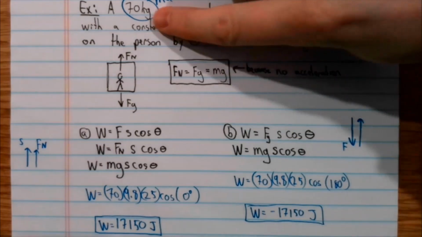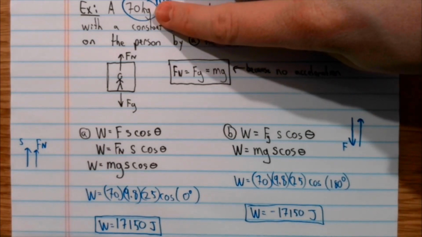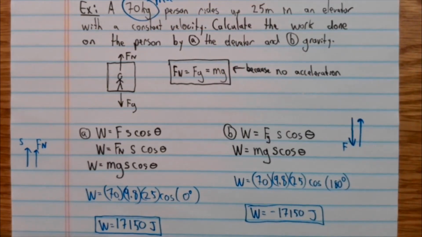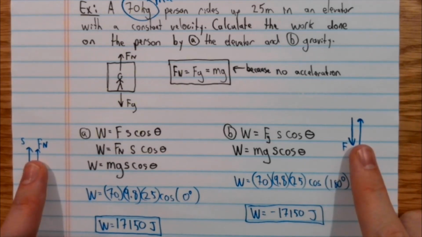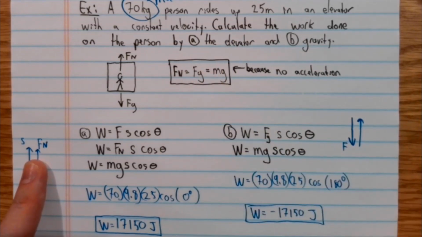That's not going away. That'll be around for a while, the fact that Fg equals mg. More importantly, the number one thing I want you to take out of this problem is the ability to draw these arrows based on the context.